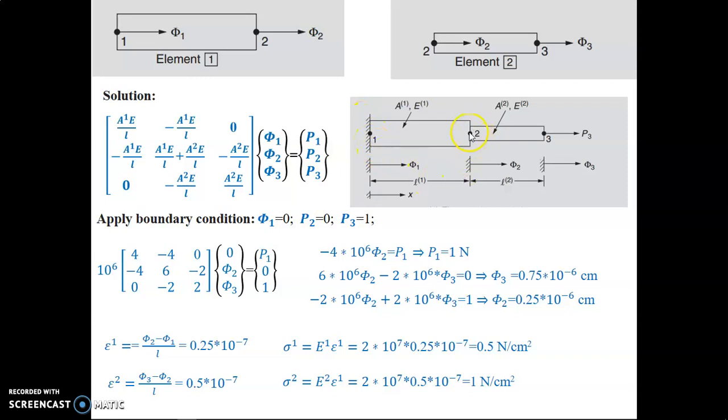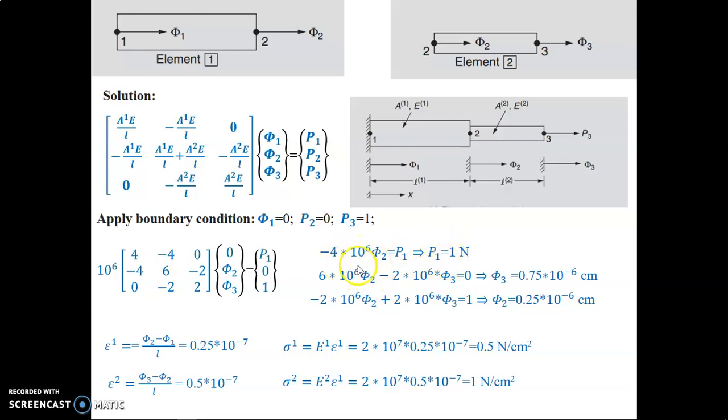There is no external force acting on the second node, P2 is equal to 0, and at the third node or the free end, the force is 1 Newton. When we apply all these values into the global system of equations, the overall equation will reduce to this form.